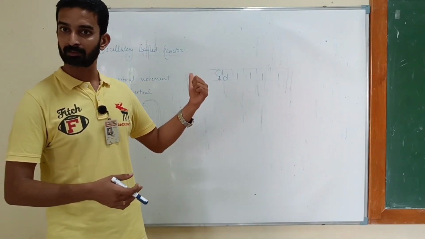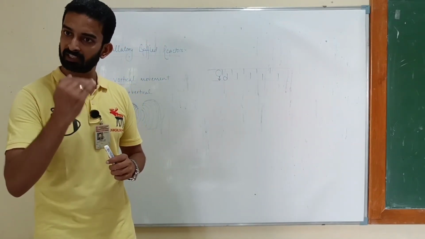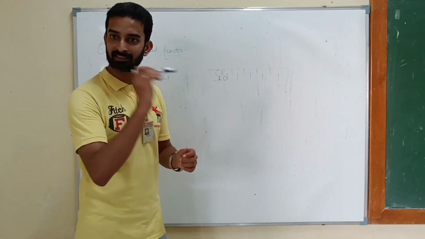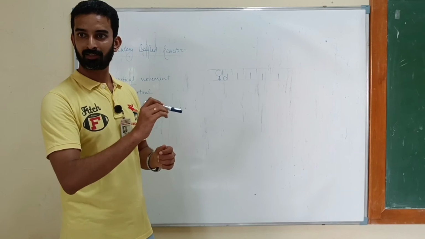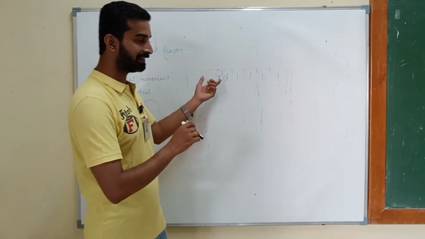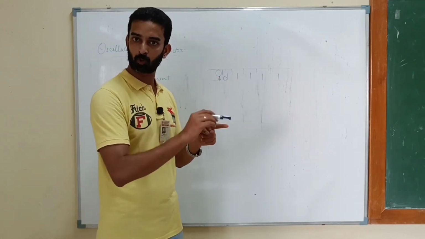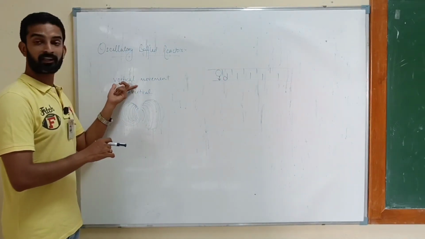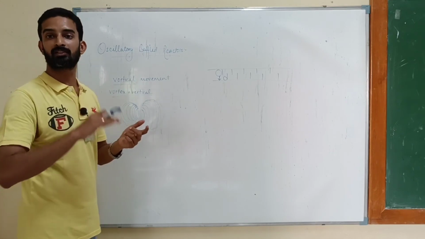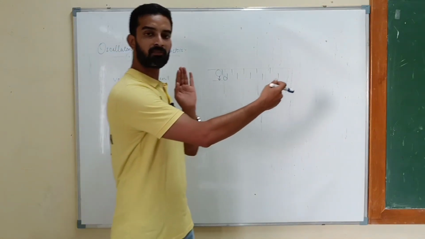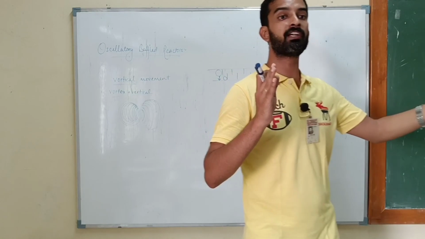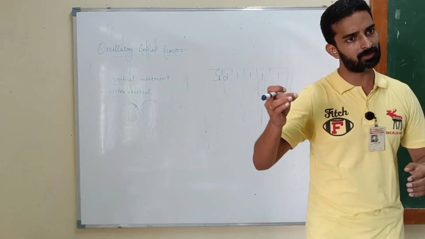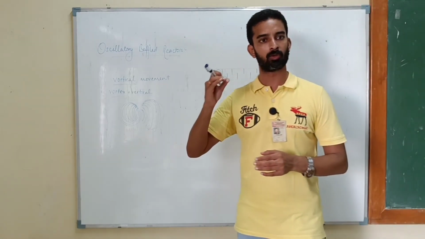But in this case, we can keep the velocity very low. Velocity very low, no problem. Because here it's not the length that is important. Here the proper mixing is important, and that is not done only by the plug flow mechanism. It is done by these baffles and the vertical movement that is produced by the oscillations. So even if your reactor is say 1 or 2 meters long, just 2 meters long, you still keep the velocity of the fluid very slow.